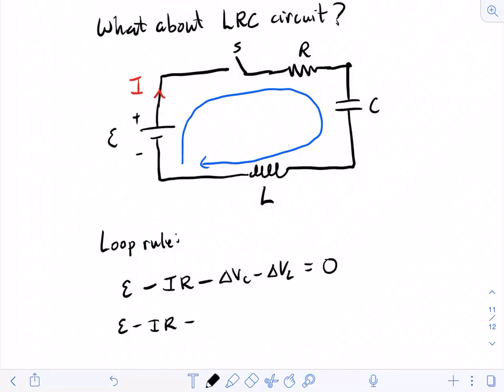So the capacitor voltage, let's see, C is Q over delta VC, so this is Q over C. And then the inductor voltage is L di dt, and that has to be equal to 0.